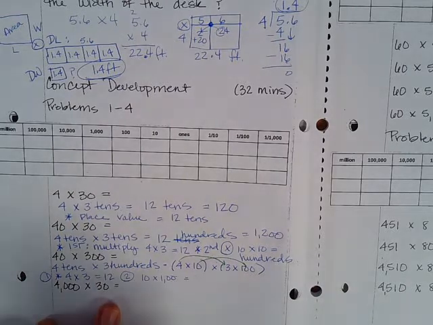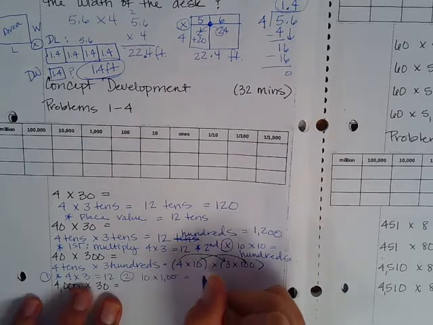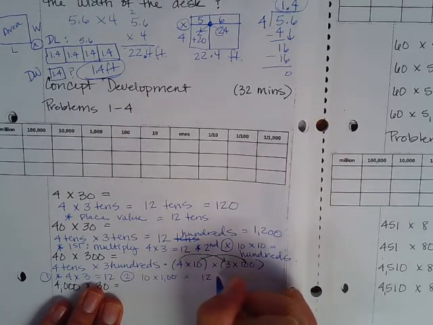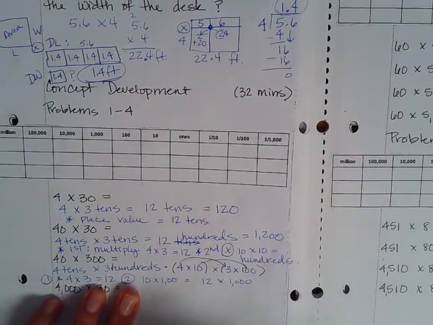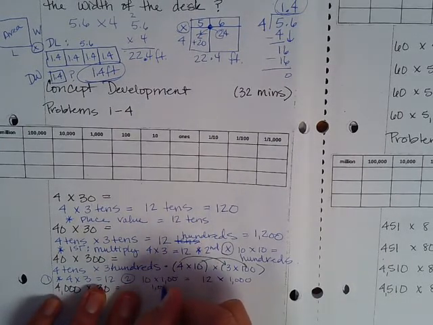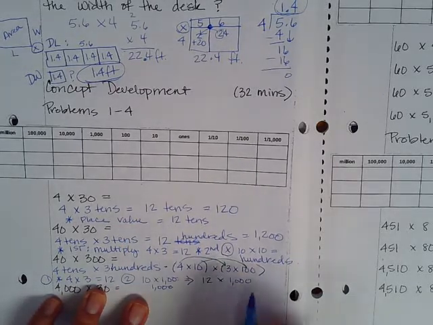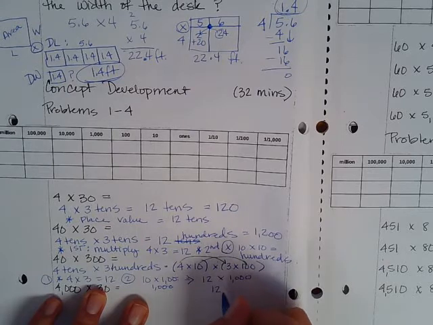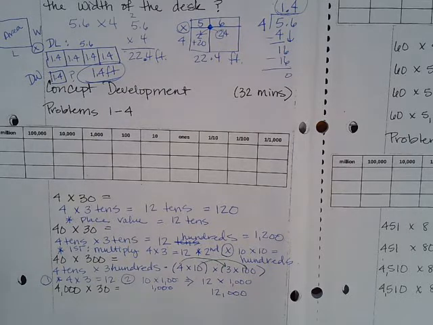All right, now let's go ahead and solve it. So 12 times 1,000 becomes 12,000. All right, let's go to problem 4 and see if this pattern still works.